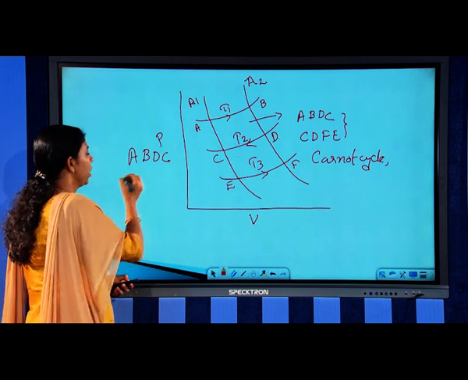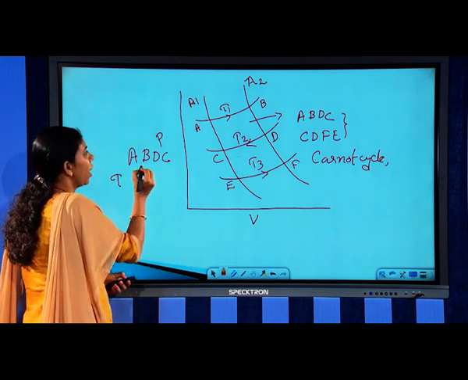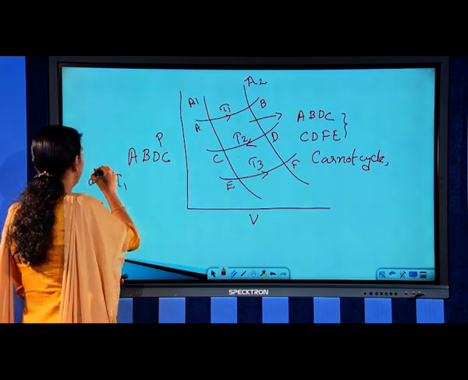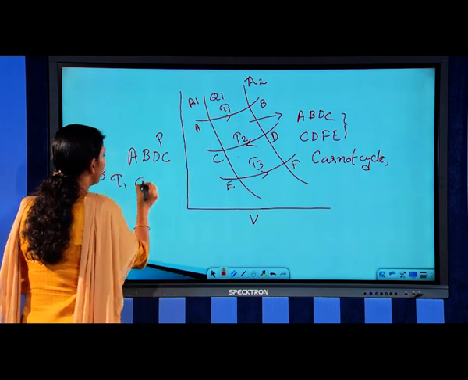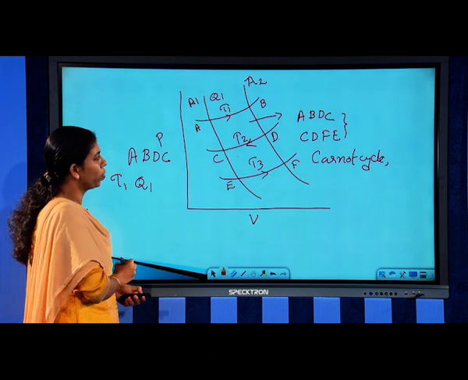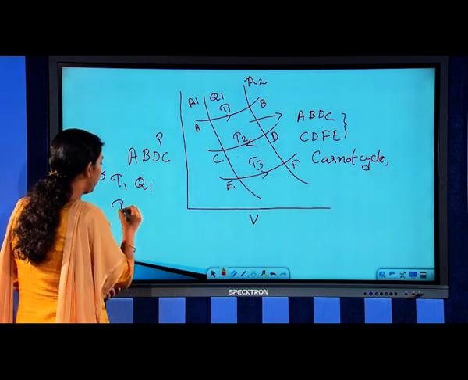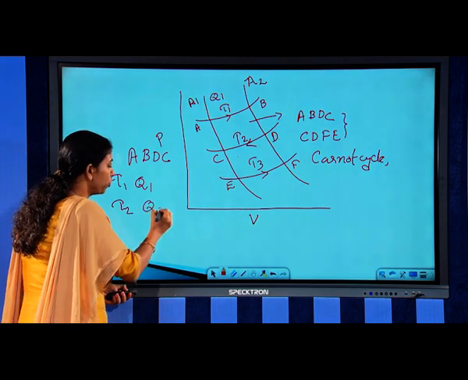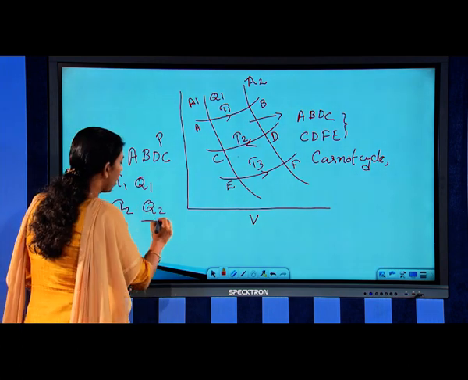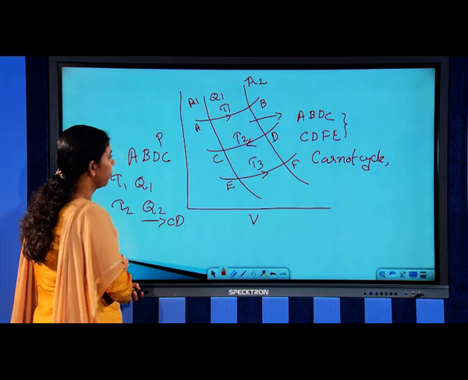Here at temperature T1, let Q1 be the quantity of heat absorbed, and at temperature T2 it rejects a quantity of heat Q2 along the isothermal CD.